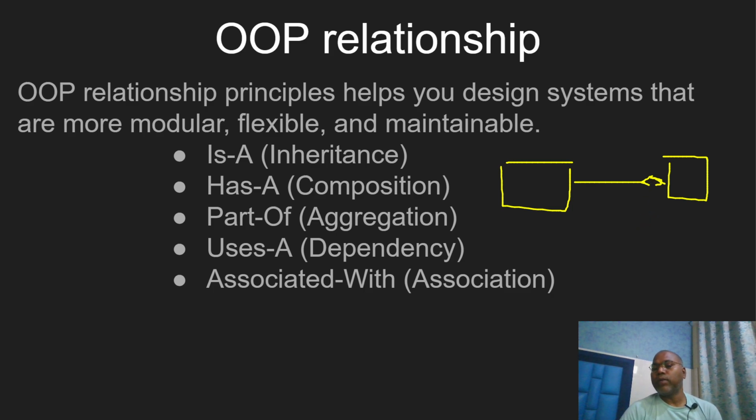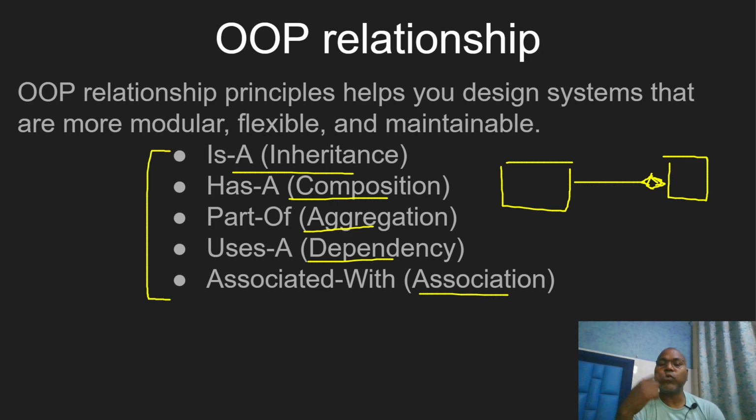So what is the meaning of this? These are standard UML diagrams. They may depict inheritance, composition, aggregation, dependency, association, generalization, specialization, lots of concepts. So these relationships are very important at the time when you make UML diagrams of your designs.